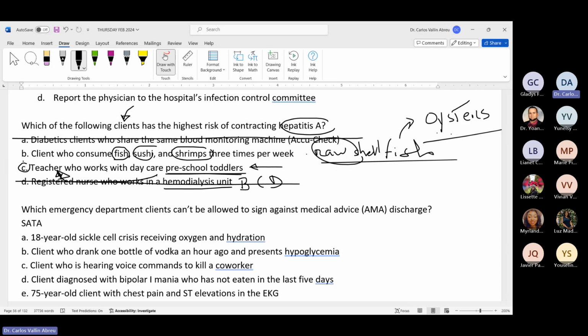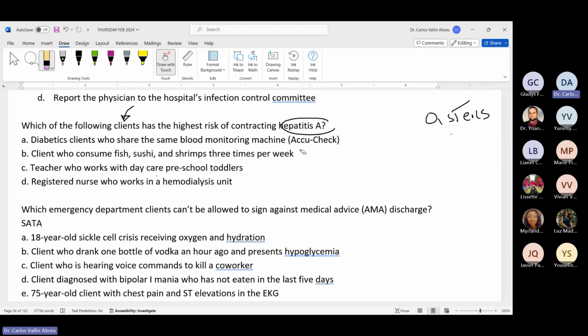So this is my defense of why I should be choosing this if I were having this question in my test.